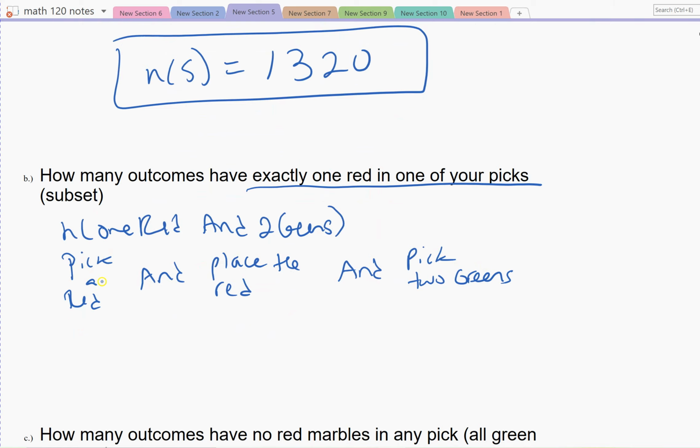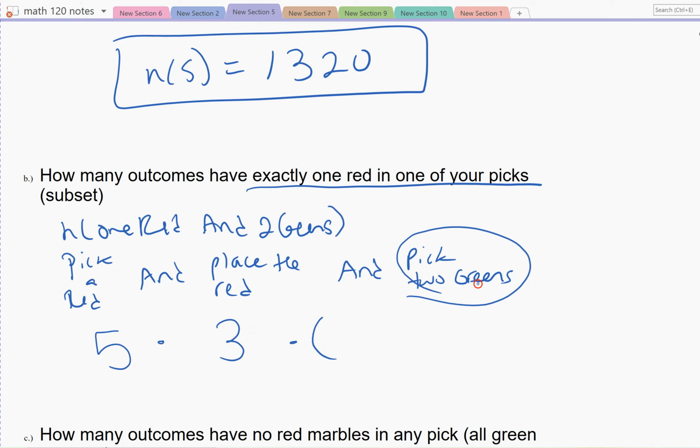Well, picking the red marble, there's still 5 red marbles. When I pick a singular red marble, there's still 3 places that red marble could show up, right? I could pick the red marble the first time, or the second time, or the third time. So there's still 3 places that the red marble could show up.